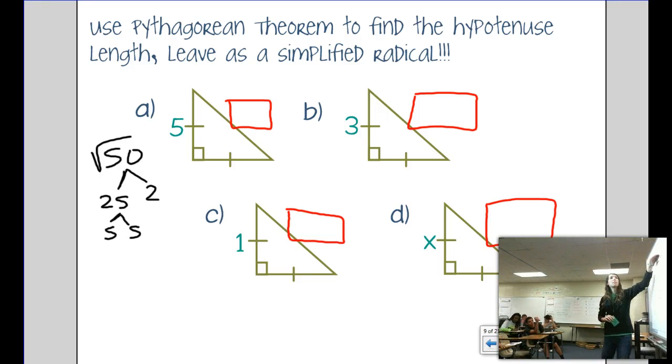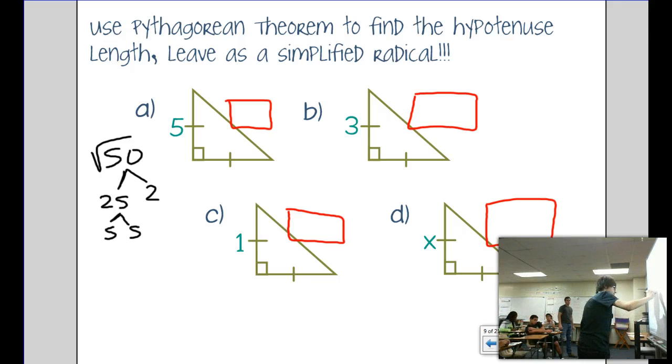Guys, simplified radical. You're giving me the decimal. I don't want the decimal. I want the simplified radical. What'd y'all get? Yeah, go write it. Very awesome. Okay, go write it. I do not know if this is correct. Perfect.